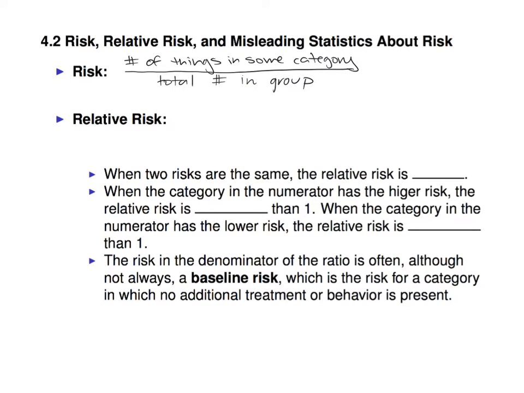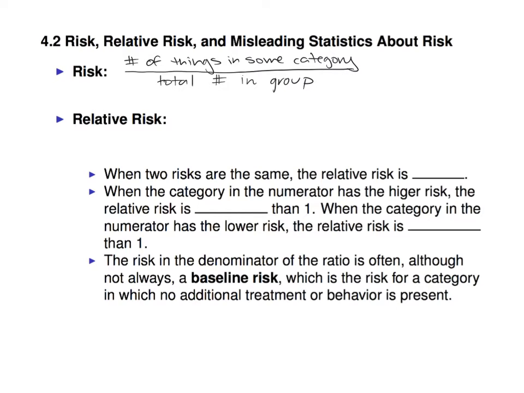So, for example, let's suppose you tested a drug on a group of people and there was a side effect of getting a headache. The risk of getting a headache would be the number of people or things who got a headache divided by the total number of people you had in your group.